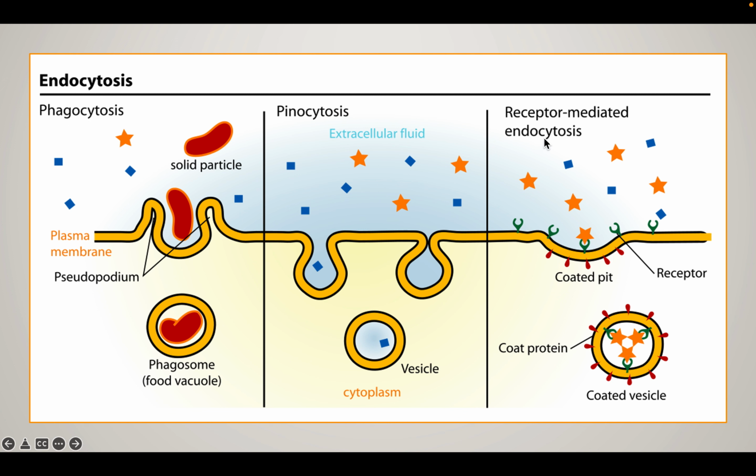And then for receptor mediated endocytosis, as soon as the ligand or the molecule binds to a receptor, that triggers the invagination of it, and it triggers it becoming enclosed within part of the plasma membrane, as you see here. So with all of these, phagocytosis, pinocytosis, and receptor-mediated endocytosis, all of these enclosed vesicles, you can see, originally came from part of the plasma membrane.